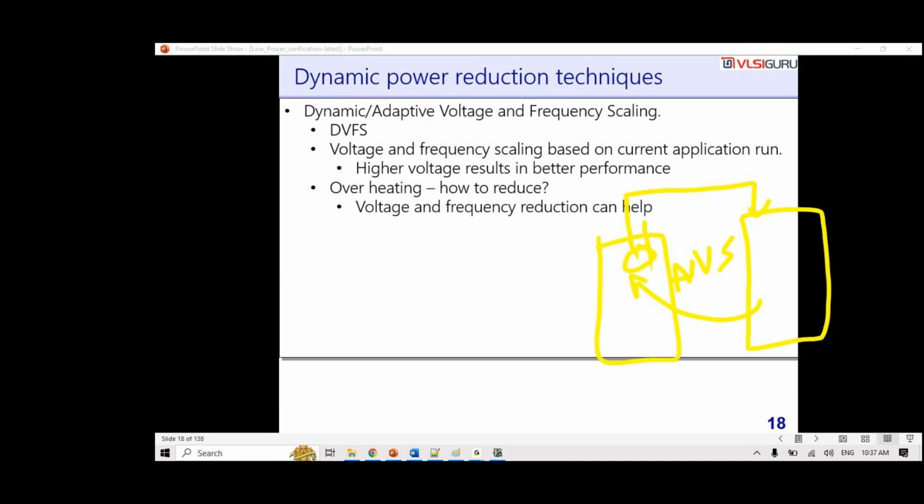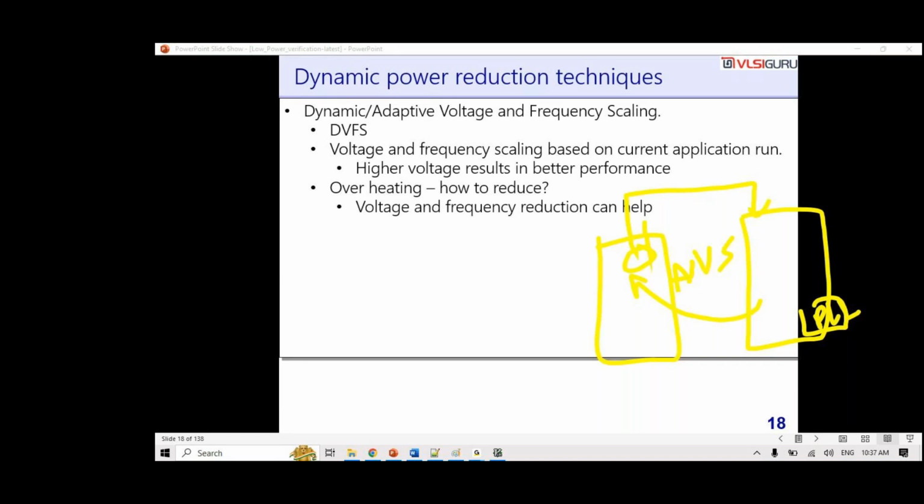The PMIC block doesn't control the frequency. Who in the chip can control the frequency? What is the component that we generally use to reduce the frequency? It is the PLL, the phase lock loop, which is used to generate low frequency clocks.